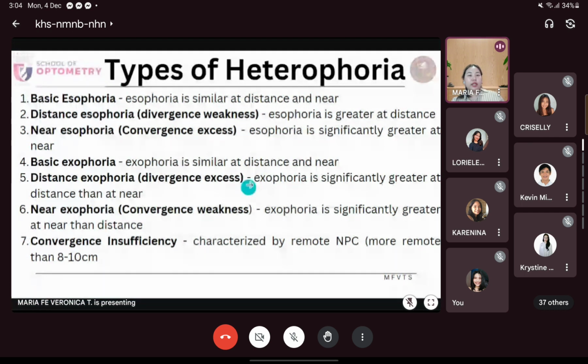Pero for you to fully diagnose your patient to have these anomalies or these conditions, hindi lang 13A, 13B yung titignan natin. You would also look at the signs and symptoms na nararamdaman ng pasyente. Pero so far, naiintindihan ba to? So far, naiintindihan yung types of heterophoria?